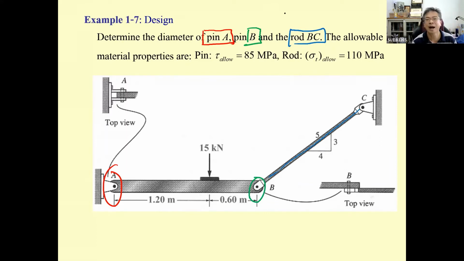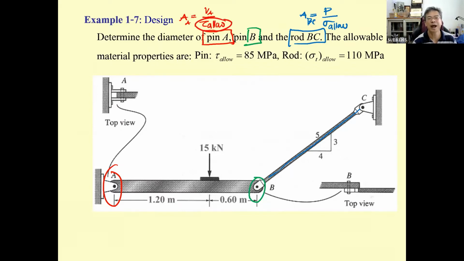Again, we come to the area equal to the stress, the force, divided by the allowable stress to determine the rod BC, since the rod BC is in tension. For the pin A, you're going to find the area A of the pin A. That is going to be the shear at A divided by tau allowable.